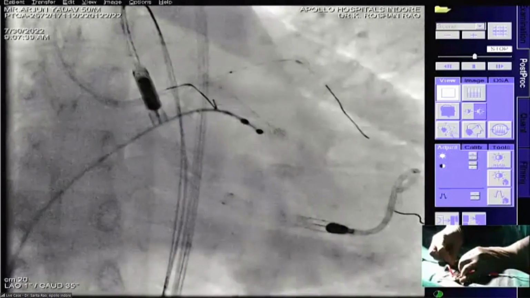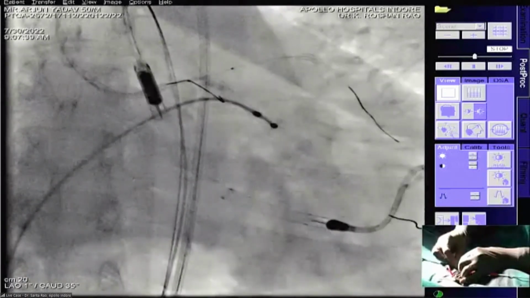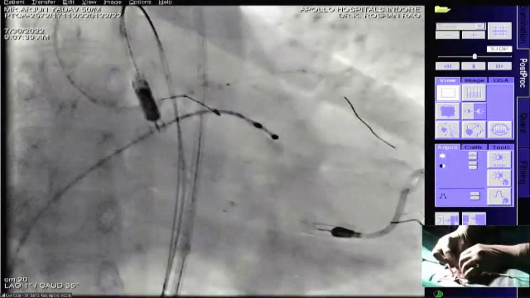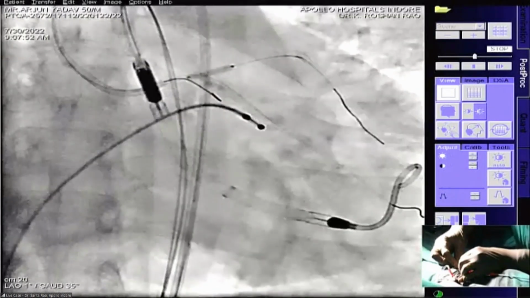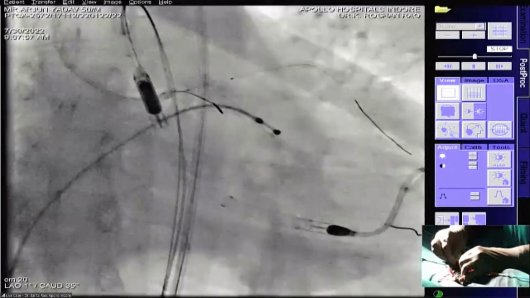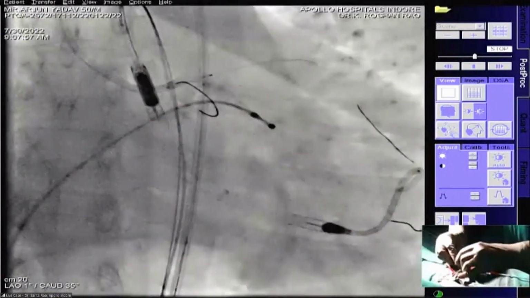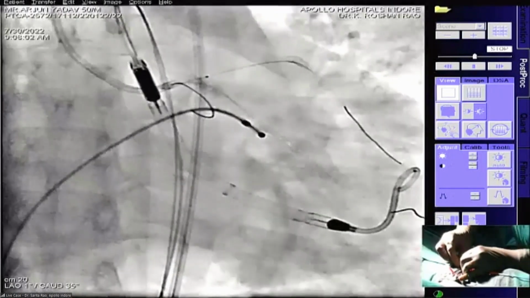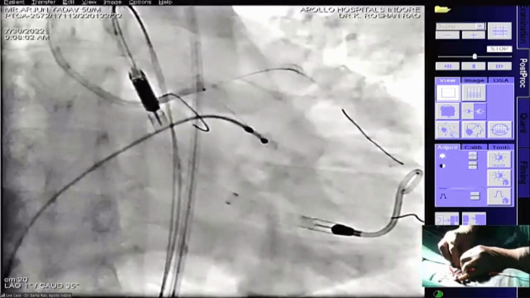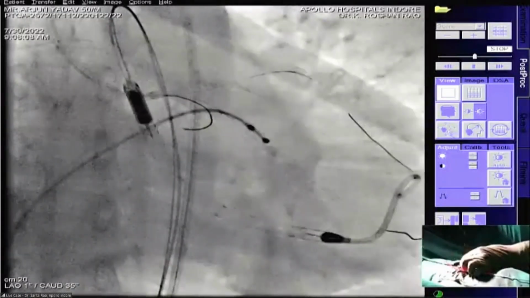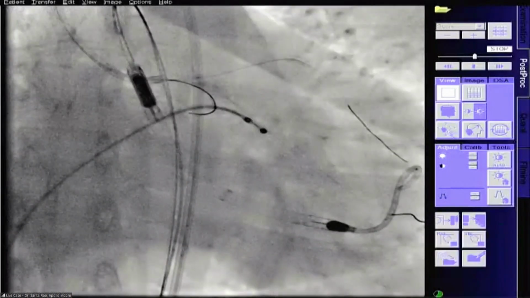While you're inflating the left main, could you show us the hemodynamics on the impeller at the same time, please? And console. Boost.